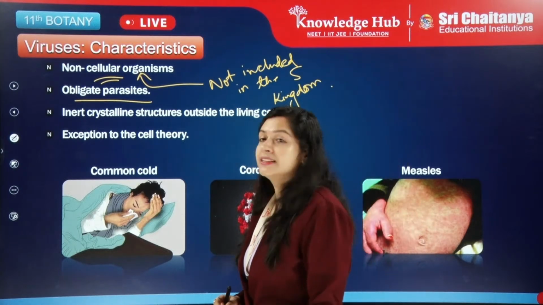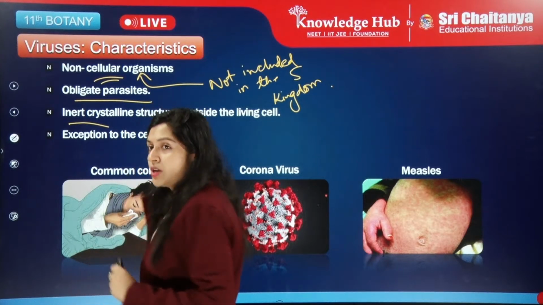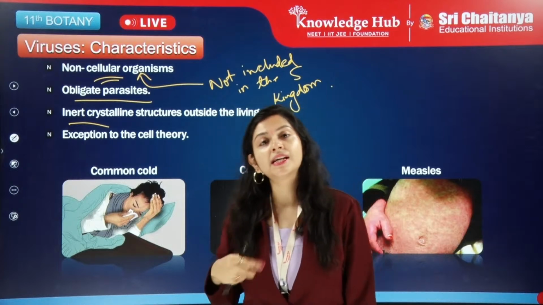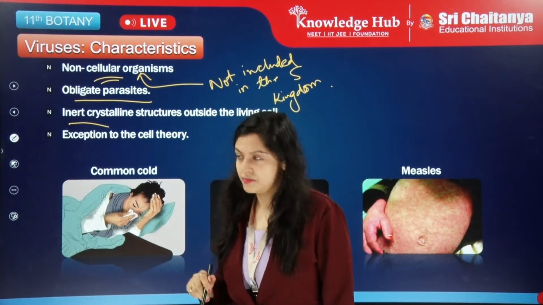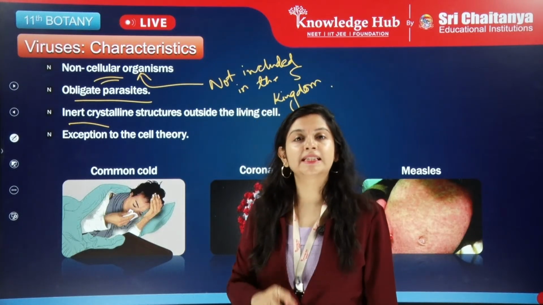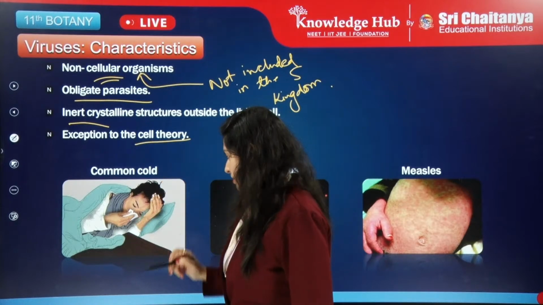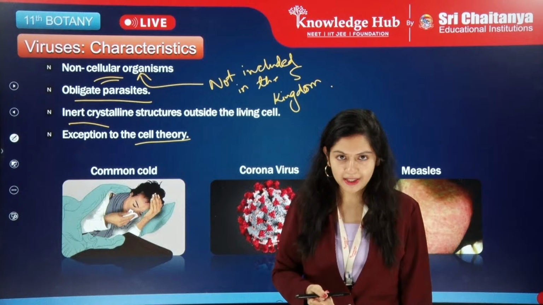Next thing is that they have an inert crystalline structure outside the living cell. Next thing is that this is an exception to the cell theory. What is meant by cell theory, my dear students?